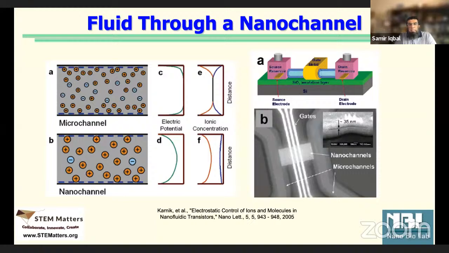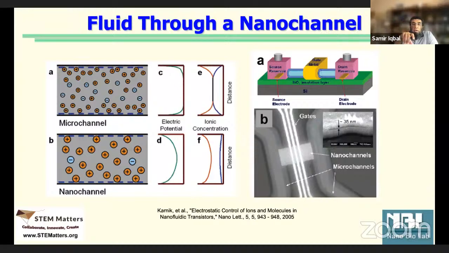And we see charges are fairly distributed, especially in the middle. The middle part is a large part of the overall fluid flow through that channel. And if you see the electric potential, that dies down in the middle. So more area is where the ionic concentration is uniform, like it would be in a bulk solution.